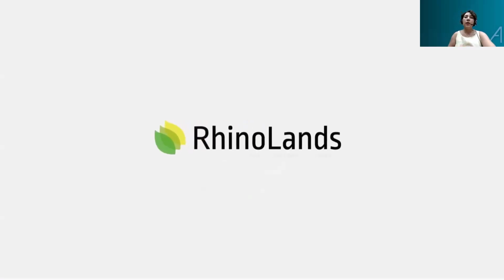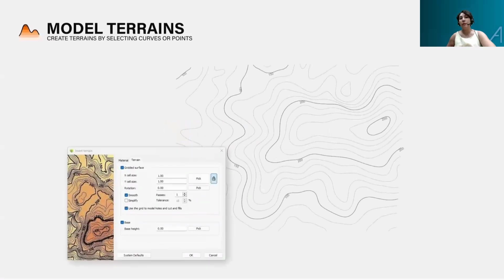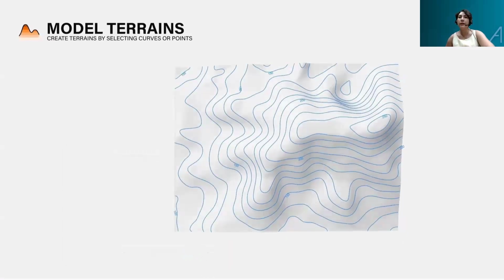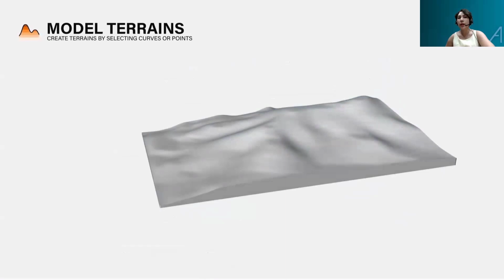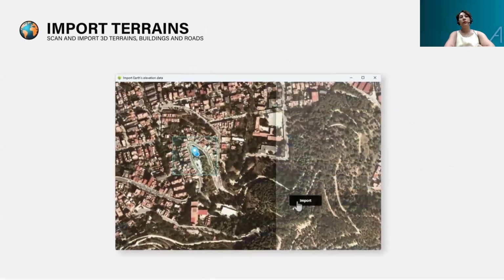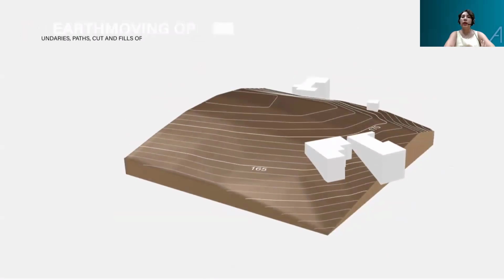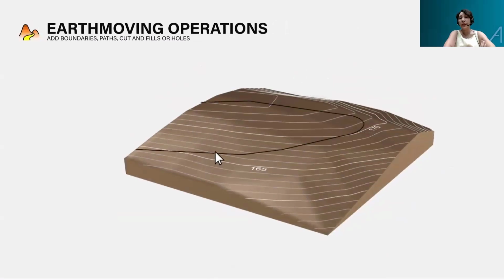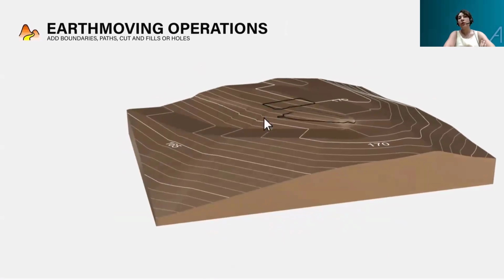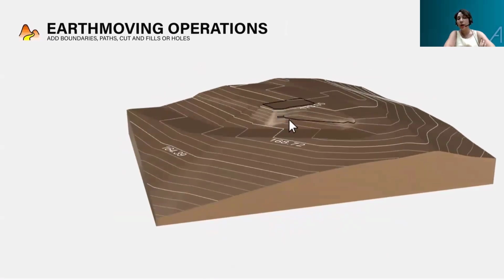So let's see how the design process would be using the program. We may have some topographic contours, so we can convert them to a terrain inside the program. Or we don't have any topographic information, and we generate that by selecting on the map. Once the terrain is generated, we can do different types of operations like cut and fill.